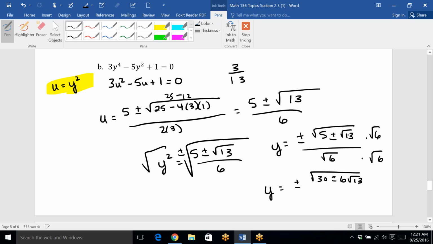The 6 does not go with that 13 because the 6 and the radical here get multiplied together, so this actually makes the 6 a constant inside the radical, over 6. So notice this one's a pretty messy answer, but this is the correct solution, and there's actually 4 solutions built into this.